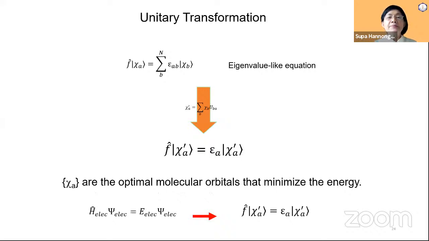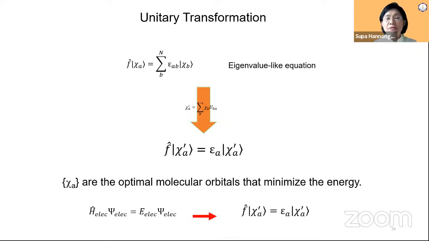And finally, after considering the development of the Hartree-Fock, at the end we can obtain the optimal molecular orbitals that minimize the energy, okay, because we try to get the wave function that represents the molecule at the lowest energy, because the lowest energy represents the real system, okay.